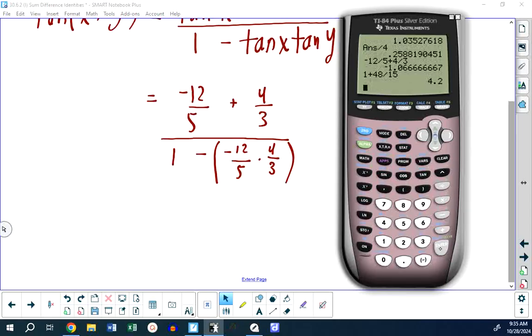This is the denominator. I need to take this number and divide by this number. Negative 16/63. I don't care how you get it at that point in time.